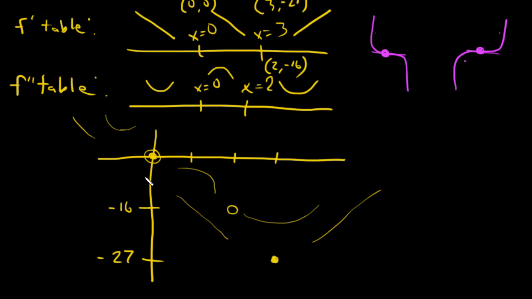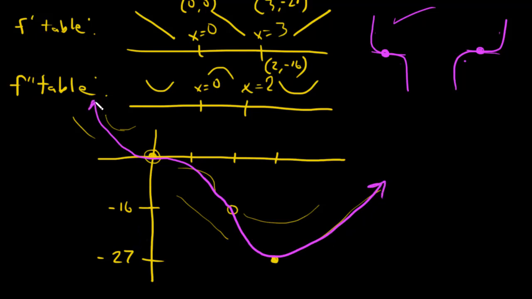So with that in mind, that's what this has to be. And which one does it need to be? Well, it's concave up, then concave down, which means it's this one. So it does something like that.